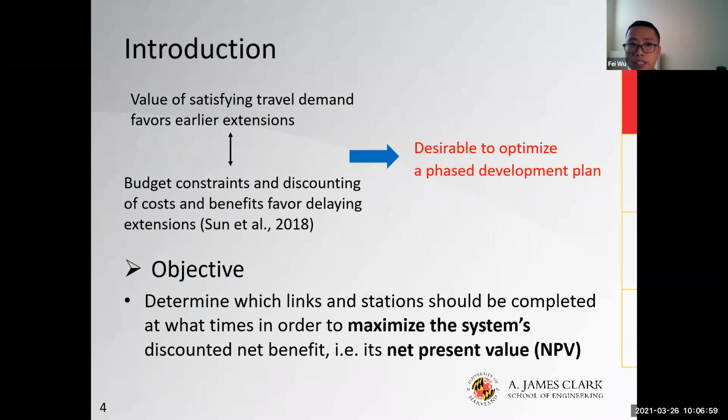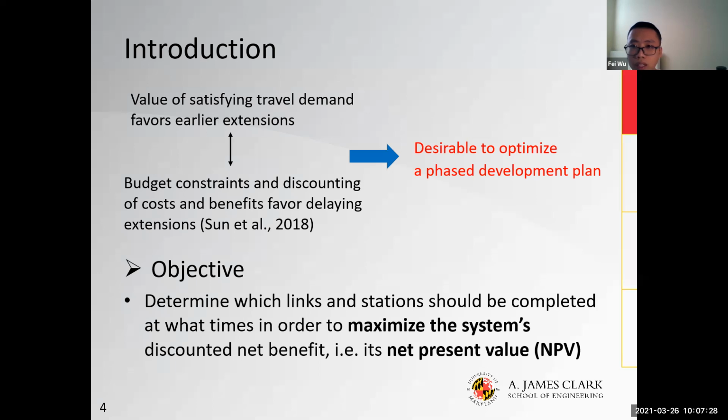While the earlier extension may have a value of satisfying travel demand, it also has some constraints from budget, and the discounting of costs will also favor delaying the extensions instead. For these reasons, it will be desirable to optimize a phased development plan for a rail transit line or network.